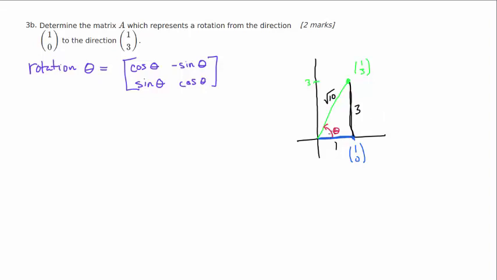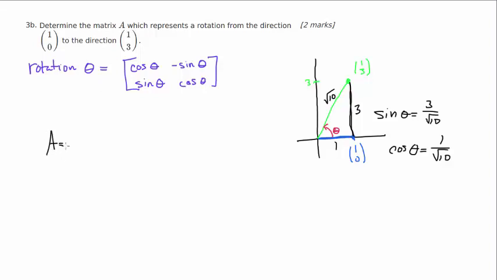So the sine of theta is opposite over hypotenuse, and the cosine of theta is adjacent over the hypotenuse.